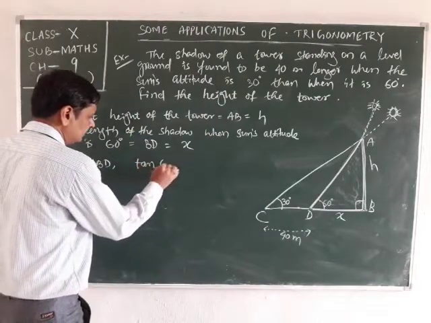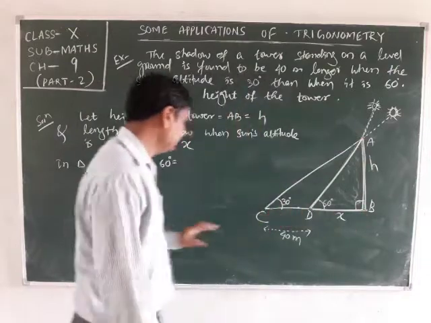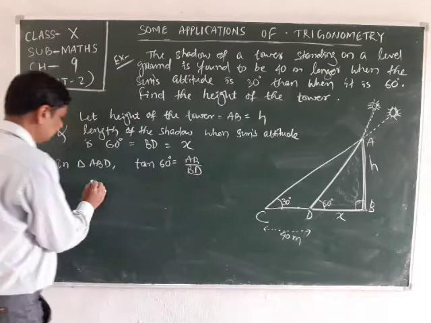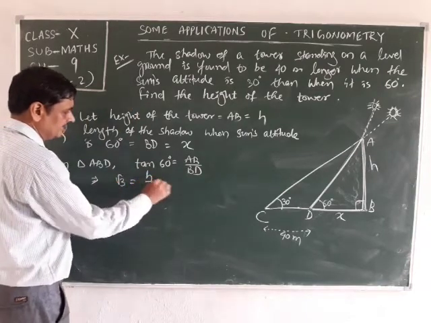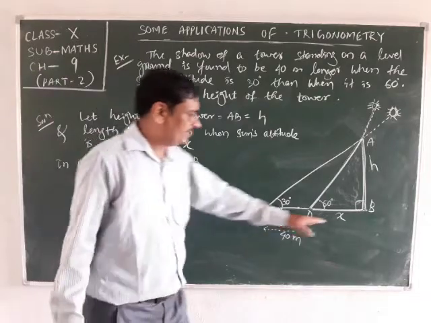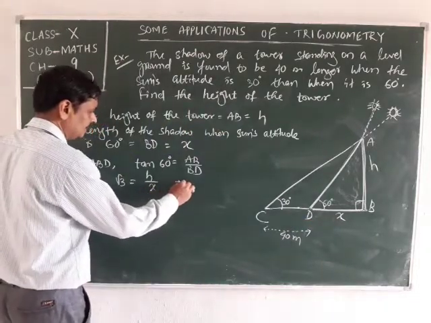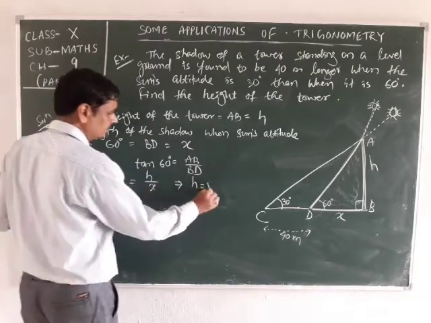Tan 60 degrees is equal to AB by BD. Tan 60 is root 3. AB is taken as H and BD is taken as X. This implies H becomes equal to root 3 x.